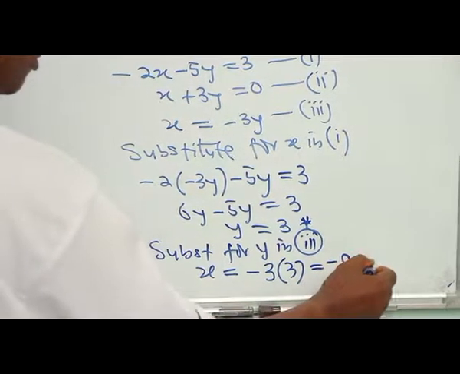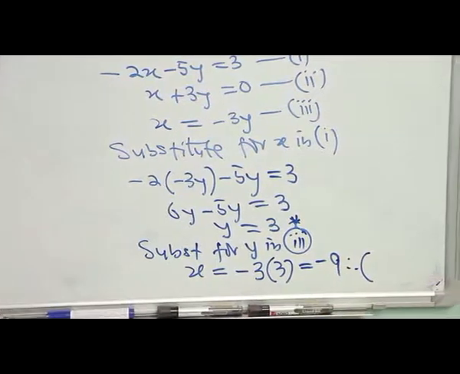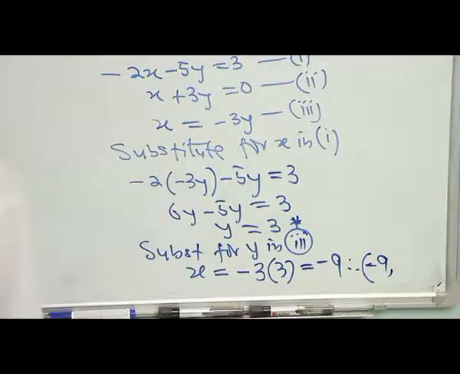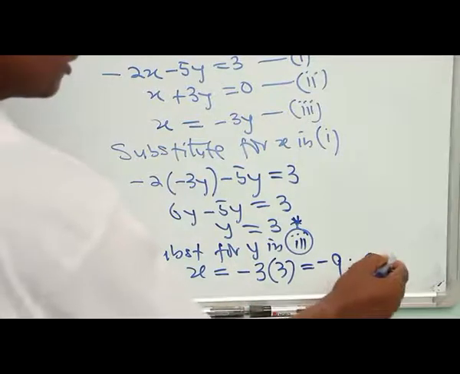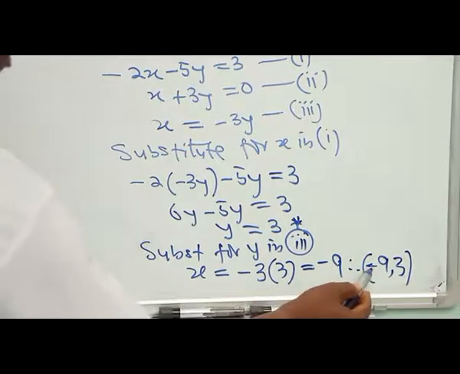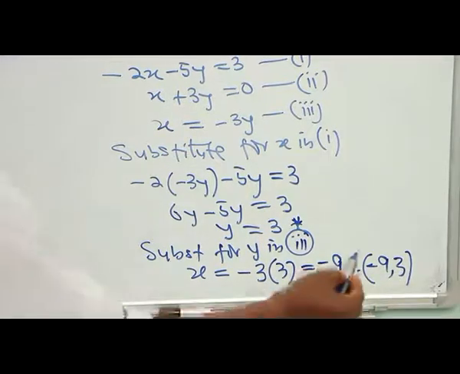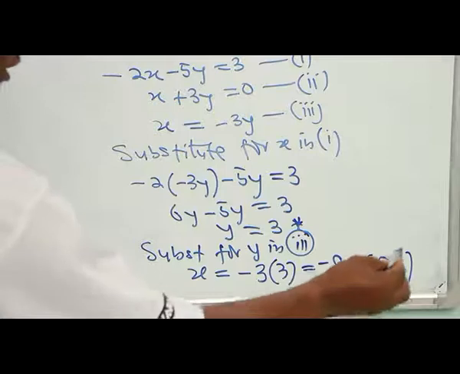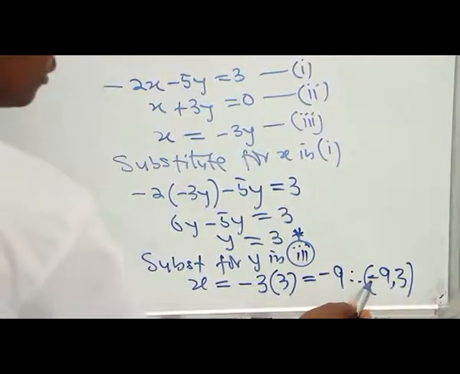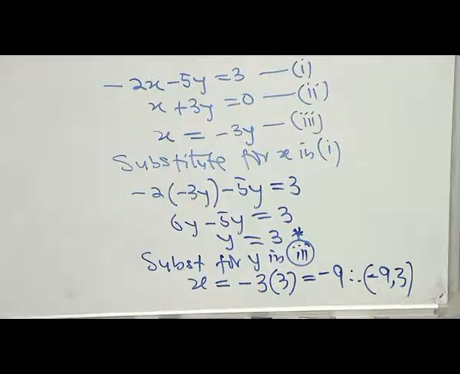Therefore, the conclusion, you can have your s is minus 9, and your y is 3. Please do not write the value of y before s in a situation like this when they are put in a coordinate form. Always write the value of s followed by the value of y.